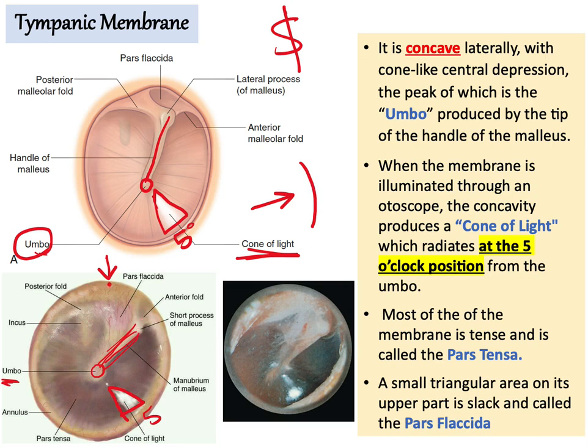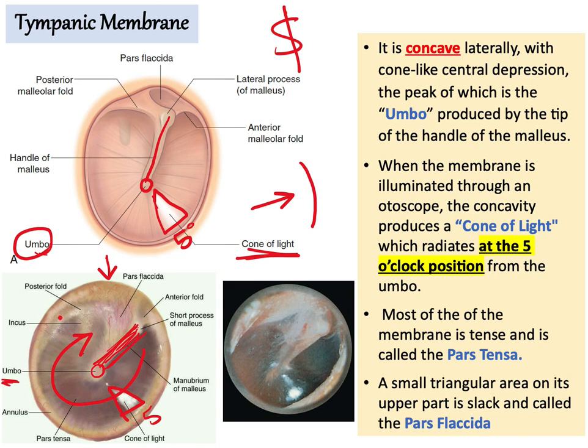Now, it's of course surrounded by fibrocartilage membrane, and the handle of the malleus here tightens the tympanic membrane. So most of the tympanic membrane is tight.